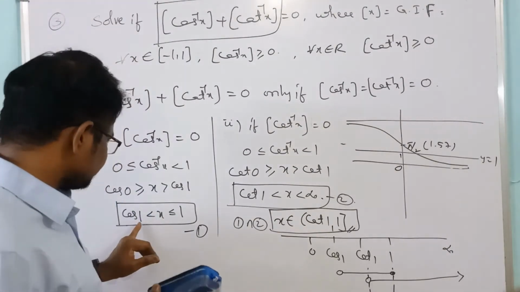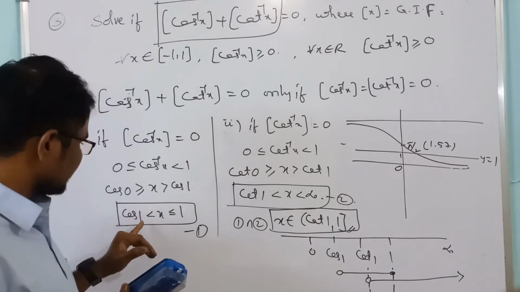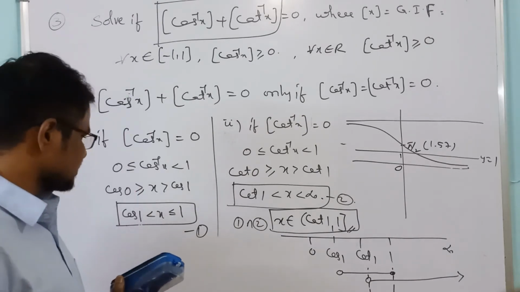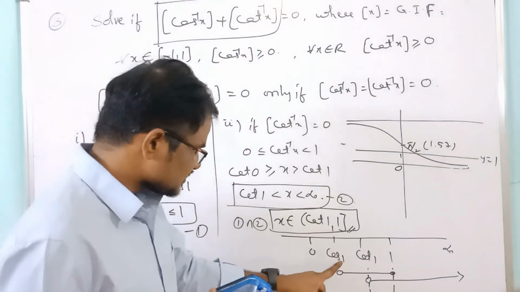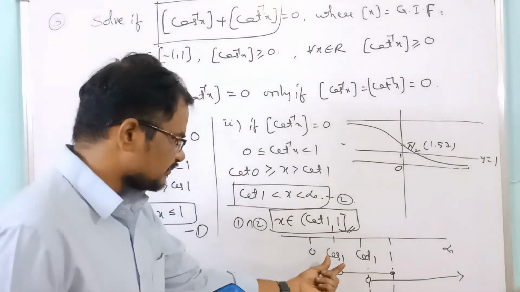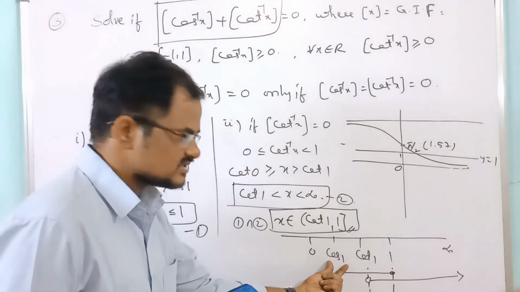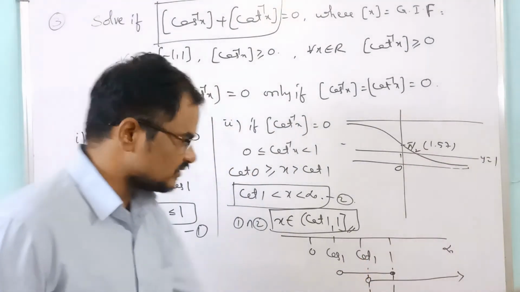And now here, approximately 60 degrees. If you take 1 radian equal to 57 degrees approximately, then if you take 0, you will get cos 1 less than cot 1, and here 1 means approximately 0.5 something, so you will get 0.6 something here, and here 1.